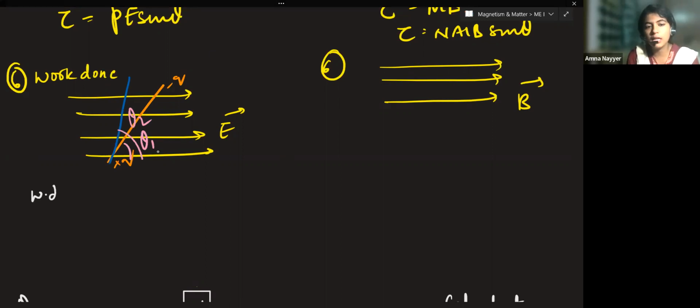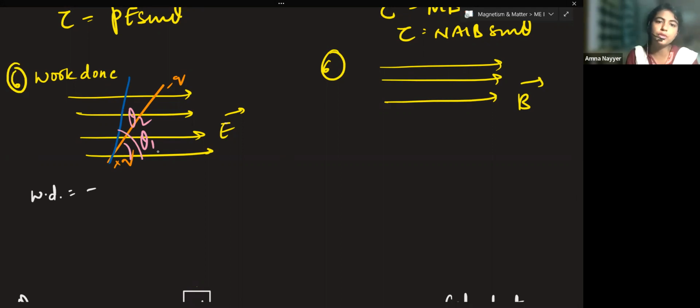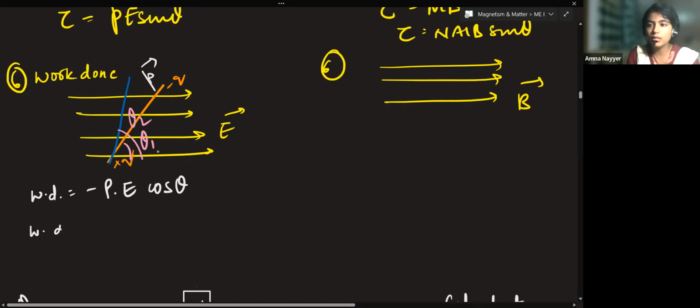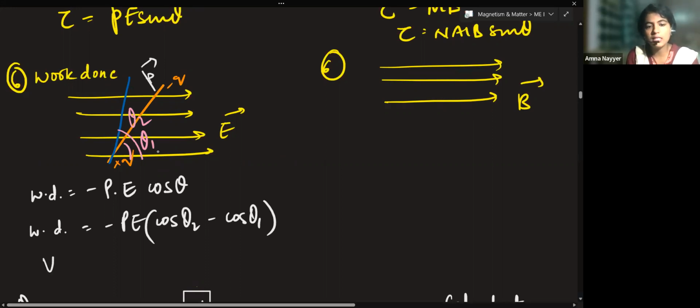So the work done's formula is minus P dot E, where electric field is E and P is the dipole, which gives cos theta. But if you have two angles with you, the work done's formula becomes minus P E into cos theta 2 minus cos theta 1. Fine. For potential energy, this is P dot E, same P dot E. For one you can write minus, for the other you can write positive.